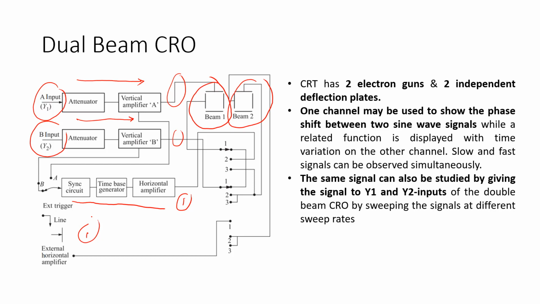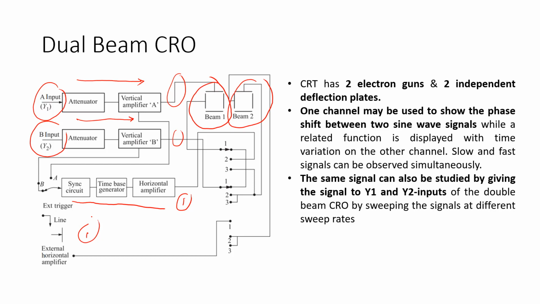One channel is used to show the phase shift between two sine wave signals, and on the other we can see the time variation, so we can display them simultaneously using beam 1 and beam 2 if we have two sine wave signals. We can also observe a slow and a fast signal, a low frequency signal and a high frequency signal, in this dual beam CRO.